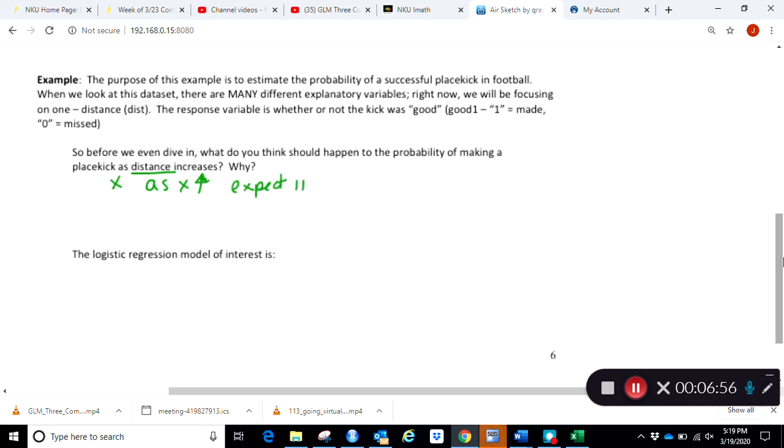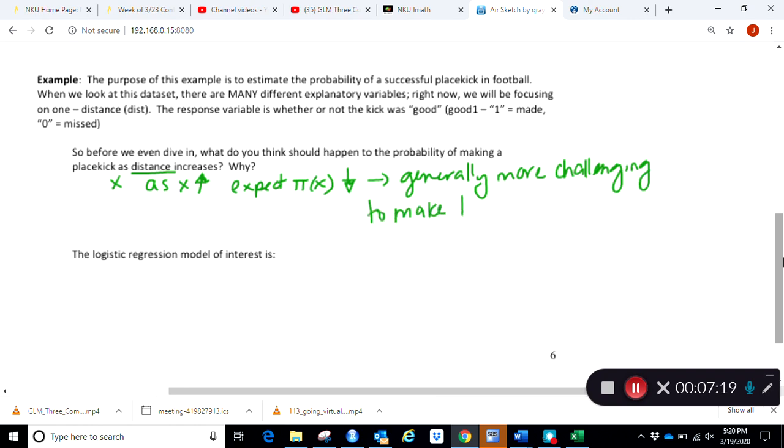I'm going to expect then pi of x more than likely to go down, because for those that are not football fans, generally, it's more challenging to make longer kicks. So I would expect to see a negative relationship.